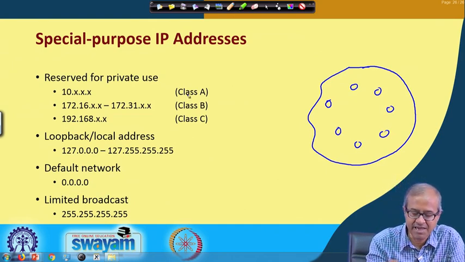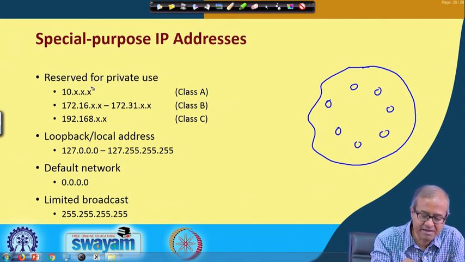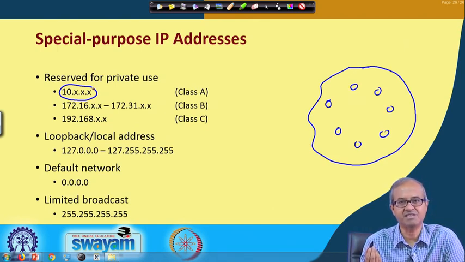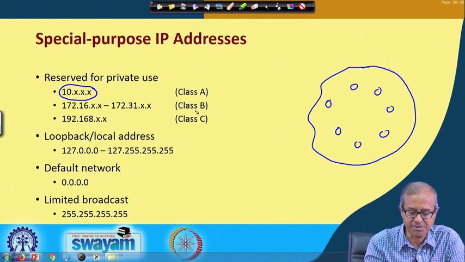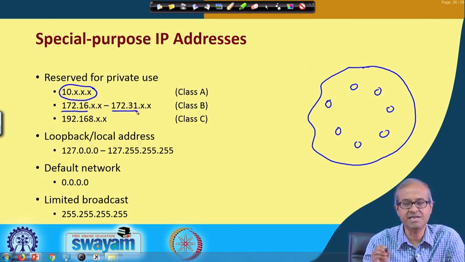Like for class A, any address that starts with 10 dot something is a private class A IP address. Class B, there are actually 16, 172.16 to 172.31. There are 16 such private class B networks which are identified as private.